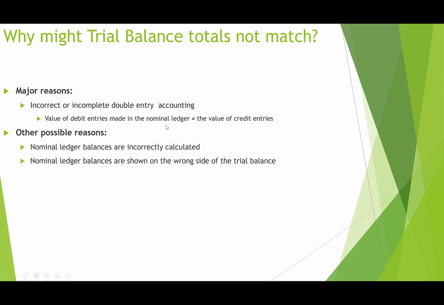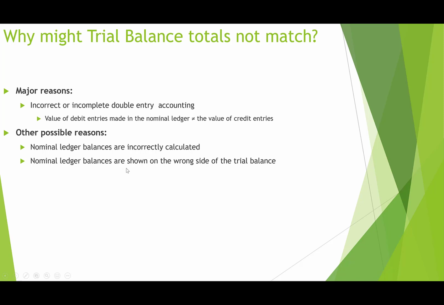So if debits don't equal credits, you've got yourself a trial balance that won't balance. And if you added up the ledger balances incorrectly, say you're balancing the sales account and you added up one column incorrectly, that would mean that your closing balance is likely to be incorrect. So you could have the closing balance for sales entered in your trial balance incorrectly.